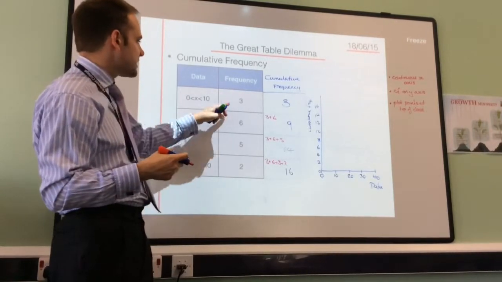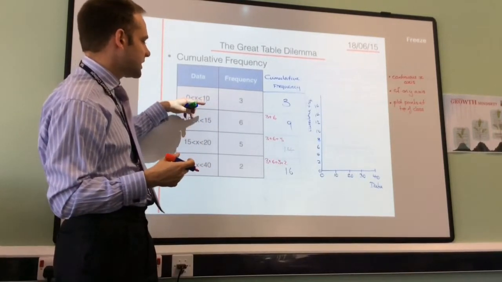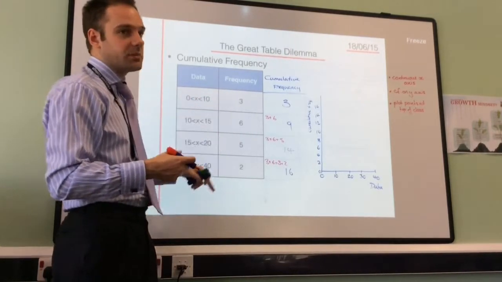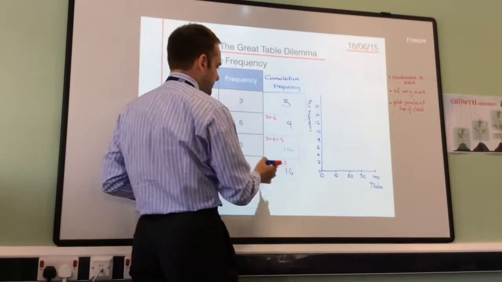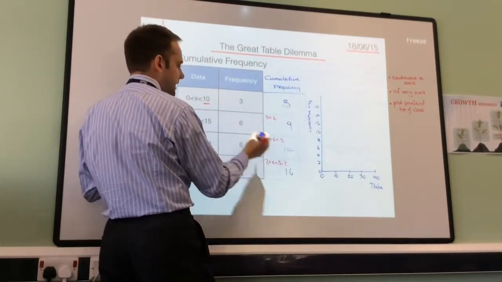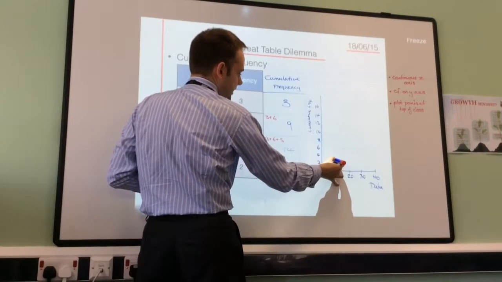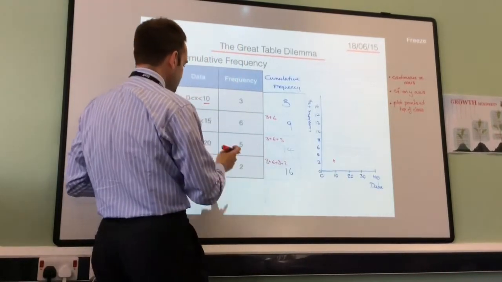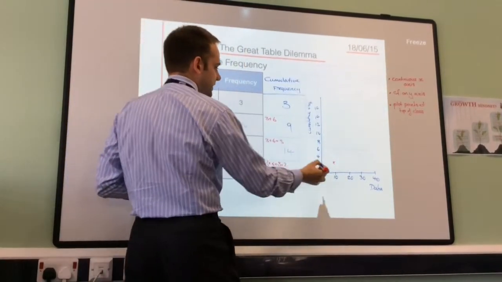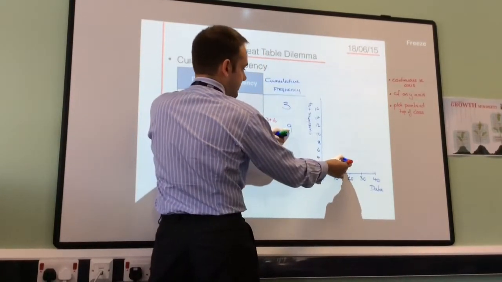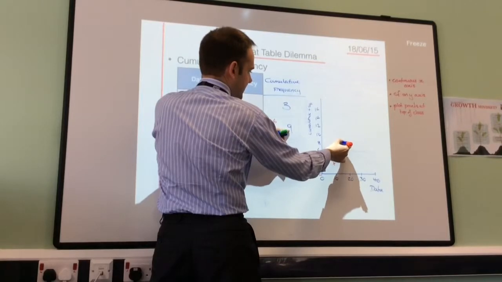And to represent the 3 people less than 10, we kind of say, by the time we get to 10, we know we've definitely got 3 people. So we plot the points at the top end of the class, that is 10, and then the frequency is 3, so 10 and 3. The top end of the interval, 15 and, not 6, cumulative frequency, 9 here.